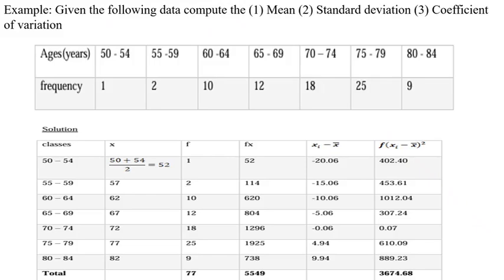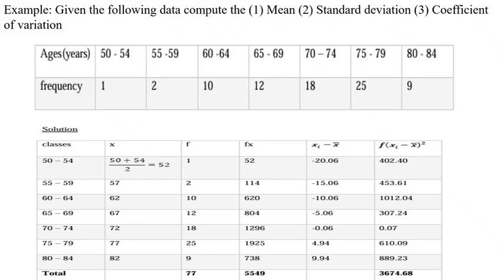Then we do the column for f of xi minus x bar all squared. Since we've estimated xi minus x bar, we now use our f to multiply. We can create another column to square it. That will be 20.06 squared, which will give us 402.40. Then we create another column to do f of xi minus x bar squared, which means we multiply our f times xi minus x bar squared.